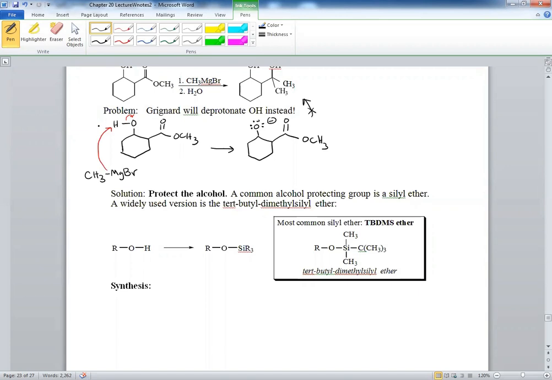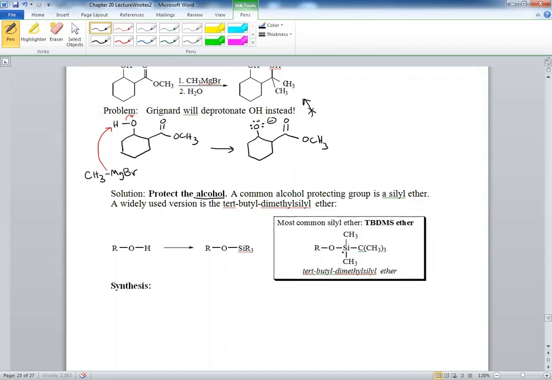So you have to do something about this H. So to protect the alcohol, and this strictly applies to alcohol only in this example, the protecting group is called silyl ether, and the most common one is tert-butyl dimethyl silyl ether. The shorthand is TBDMS. Again, tert-butyl dimethyl silyl ether.